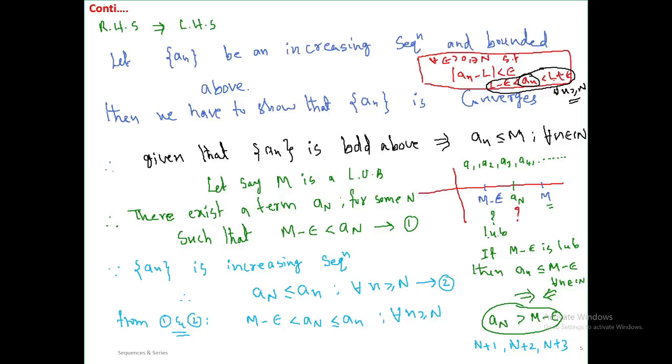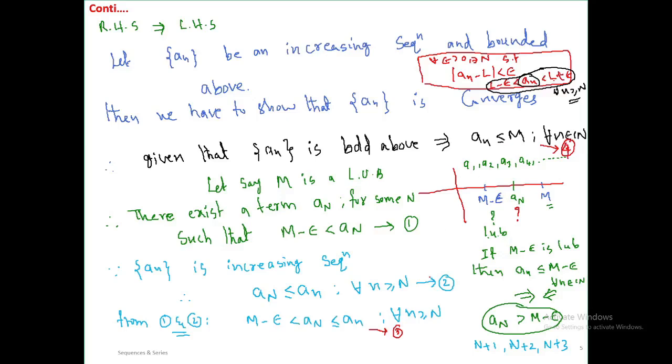Let's say this is the third statement, and this is the fourth one. So from third and fourth, m minus epsilon is less than or equal to an, but an is less than capital M.